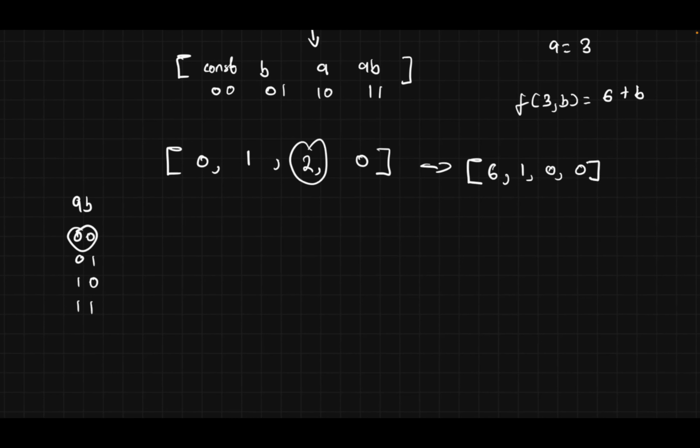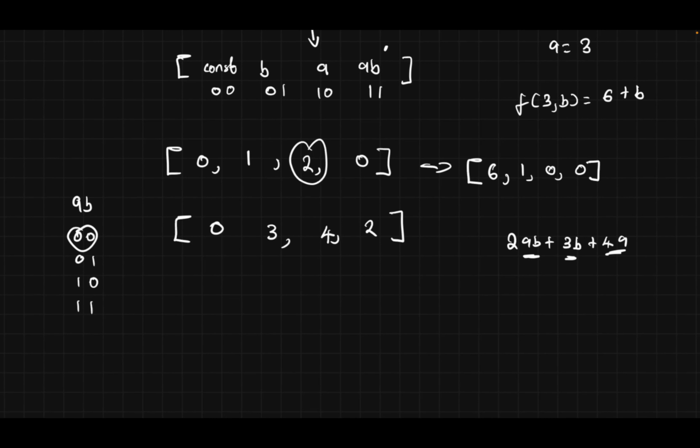All you need to do is check the polynomial and put the appropriate coefficients there. So if you had something like 2ab plus 3b plus 4a, in the position of ab, which is this last one, you put 2. In the position of b, which is this one, you put 3. And in the position of a, you put 4. In this case, there's no constant, so that will be 0. So you can represent any multilinear polynomial of 2 variables with a structure like this.